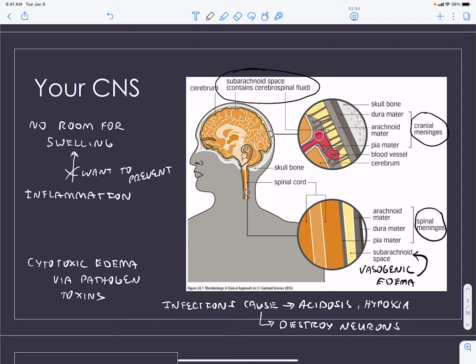So in all of these cases, you're going to have an effect on the ability of the brain to function. Now, the effects of the infection may be profound and irreversible. In addition, your blood-brain barrier makes it difficult to treat. You have to design antibiotics, antivirals, and anti-inflammatories that can actually get across that blood-brain barrier.